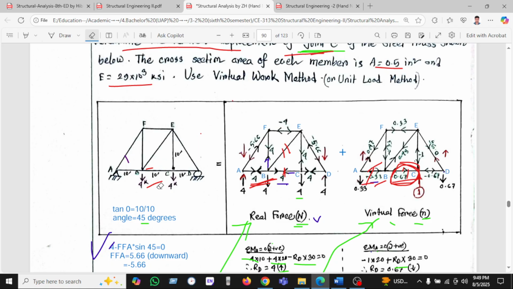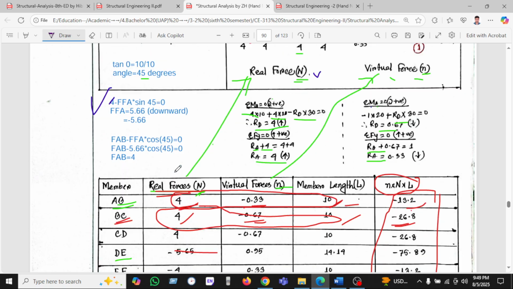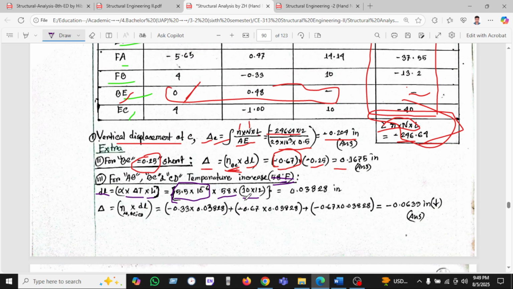The 10 is feet, and it is multiplied by 12, which converts it into inches. That is why we found 0.38. So this member will be deflected, or it will be shortened.